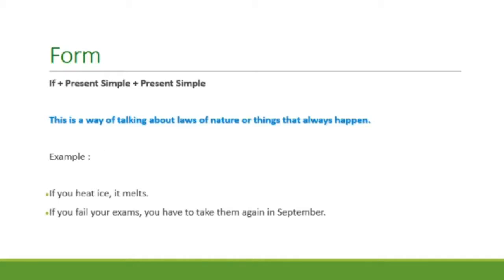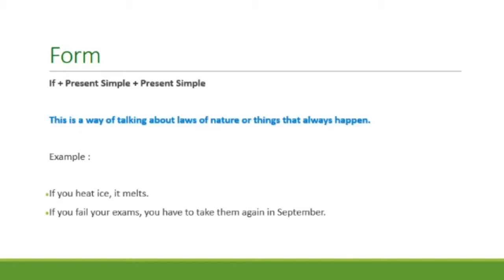If you fail your exams, you have to take them again in September. In the if clause you have the simple present, fail, and in the main clause you have have. So here we are talking about things that always happen to us. That's how and when we use type 0.